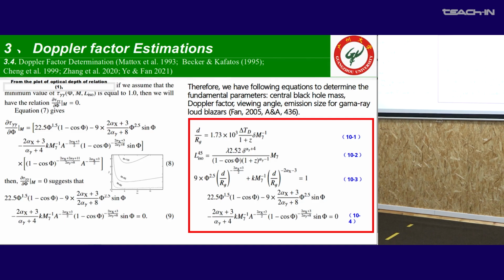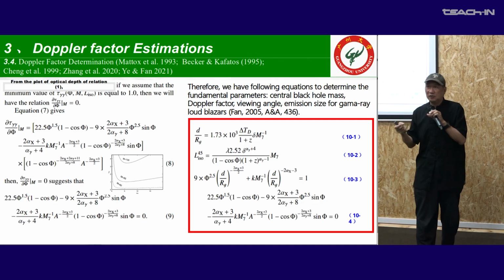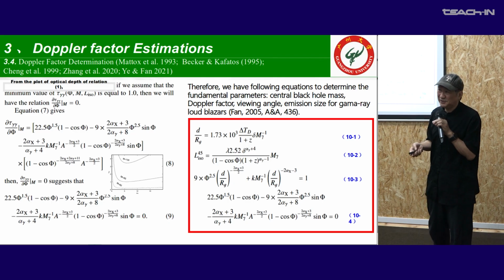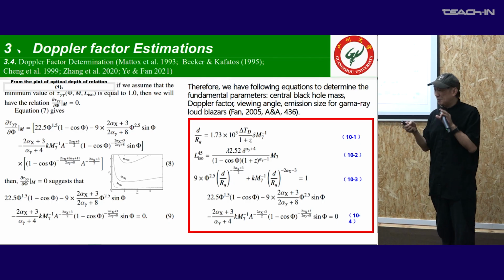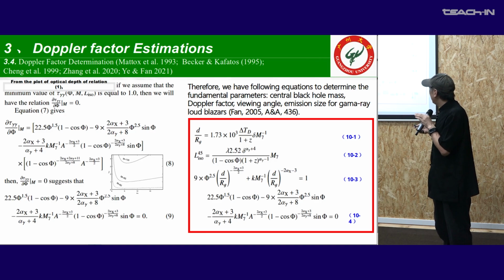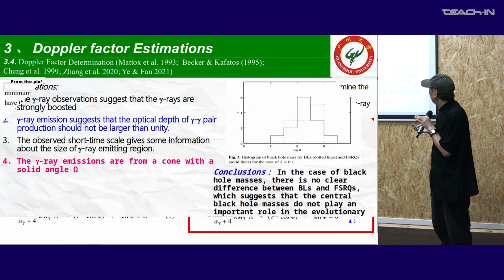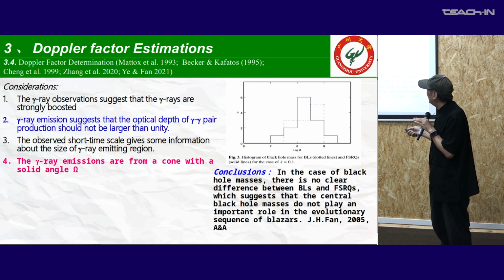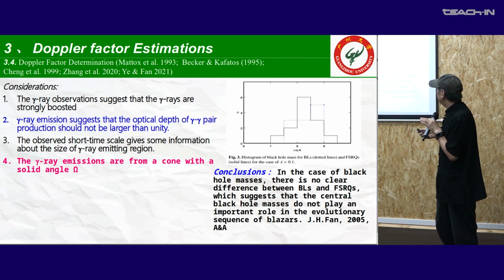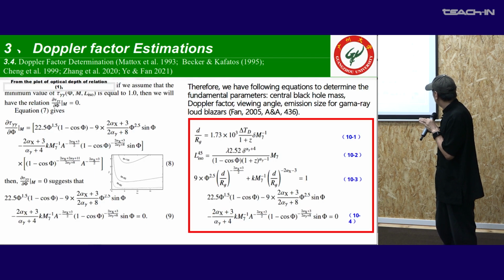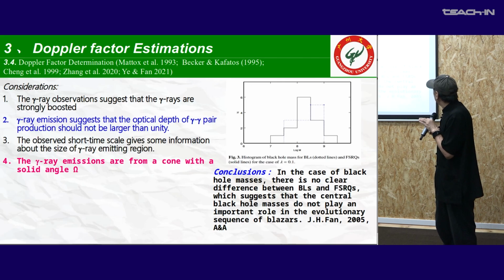So we can get 4 formulas, and we have 4 parameters. So we can use these to get the 4 parameters: theta, delta, m, and phi. So we can calculate this. And we applied this to a sample of gamma ray sources, and we found that the masses for RBL and XBL, BL Lac and FSRQ are almost the same.